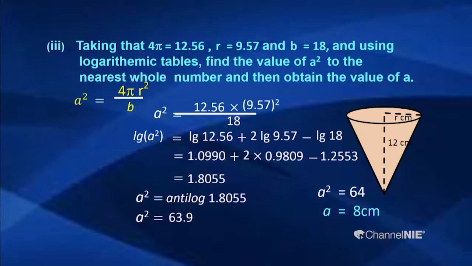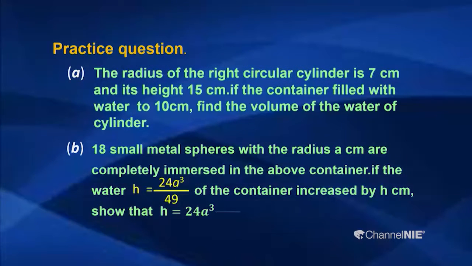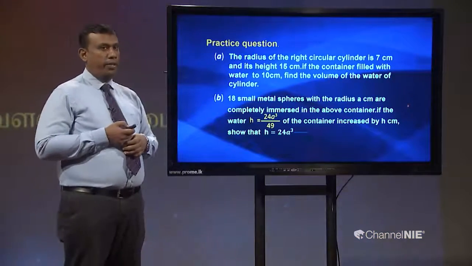So you can find the value of A by the square root of 64, or 64 you can write as 8 to the power 2, right? Anyway, you obtain the value of A as 8 centimeter, right? That is the way of finding the answers of that question.